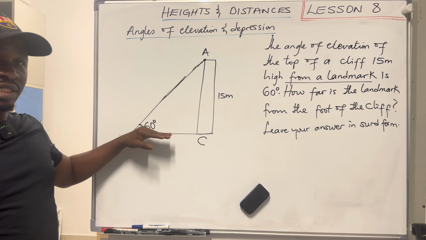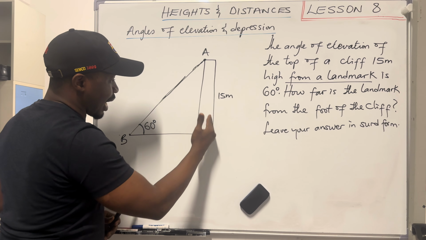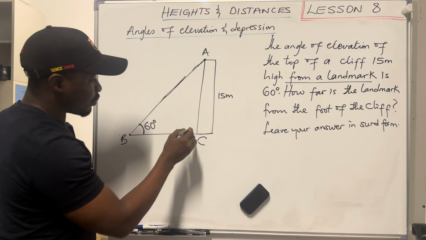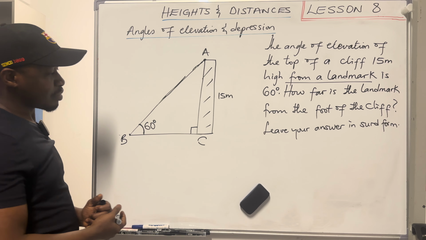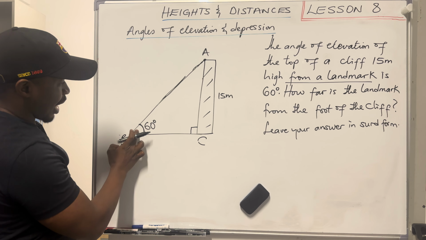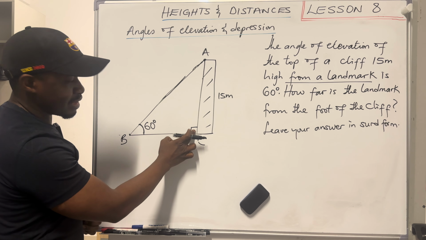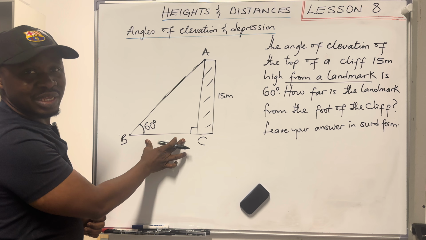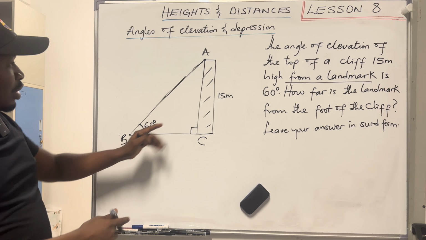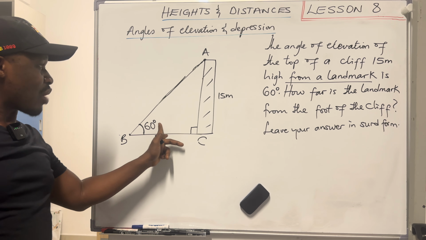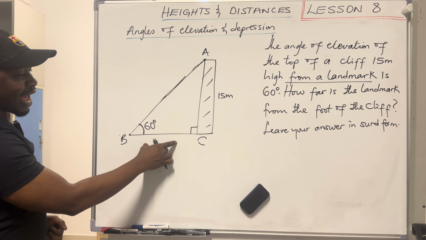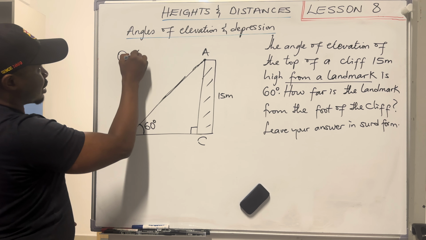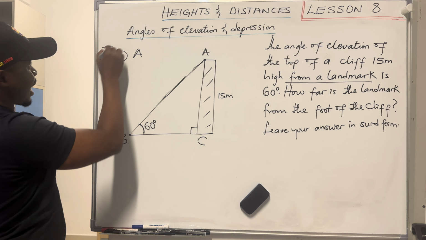Why is this the adjacent? A vertical line and a horizontal line always form 90 degrees. Of course, here is a cliff. So between the given angle and the 90 degrees is where we get the adjacent. The side facing the given angle is the opposite. So now we have opposite and adjacent, so we apply tan.